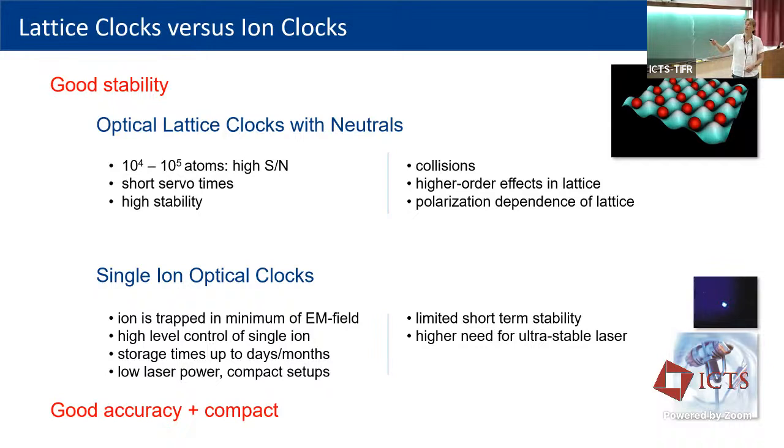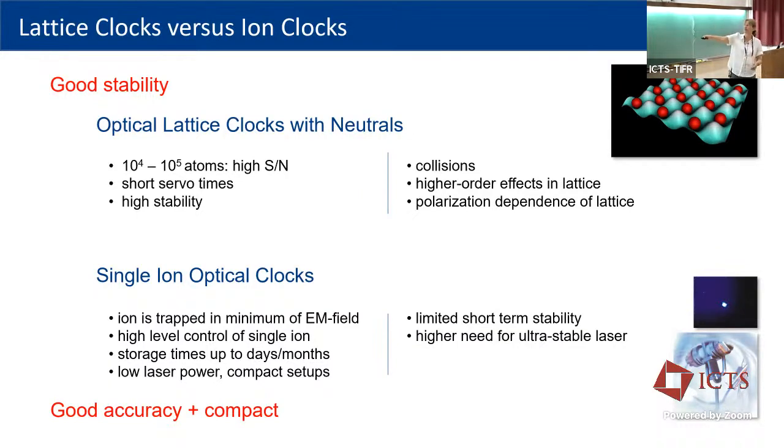For this reason they have very short server times and high stability. On the backside, they suffer more from the collisions. They have higher order effects in the lattices, polarization dependence in the lattice. So they had to struggle a bit more in terms of the systematics.